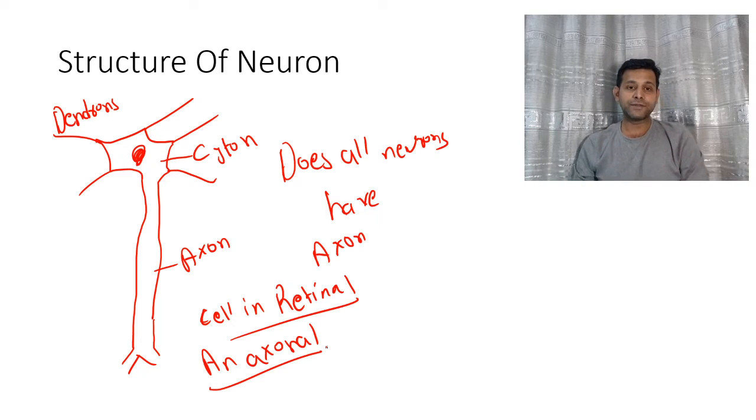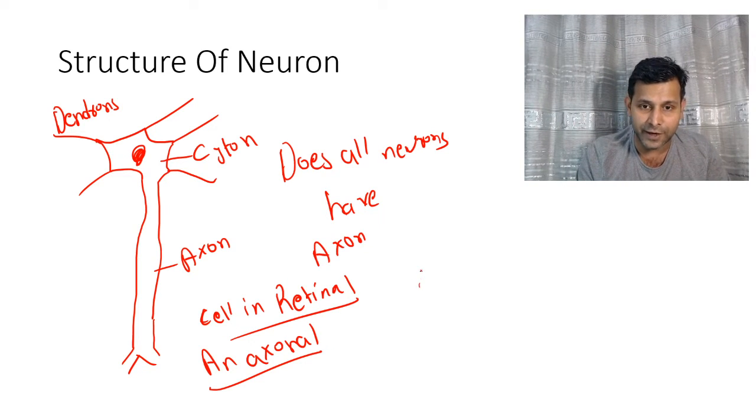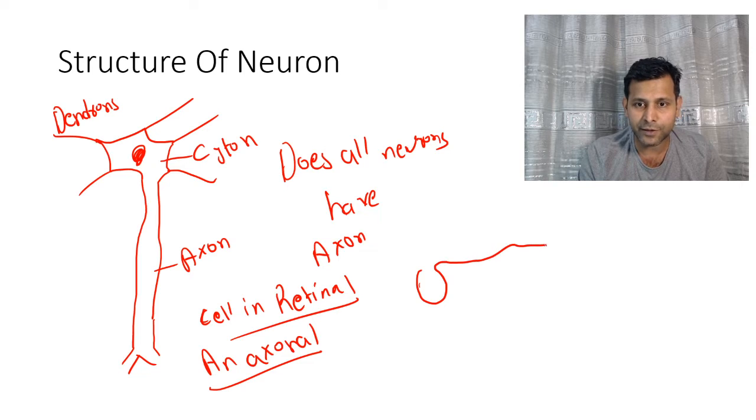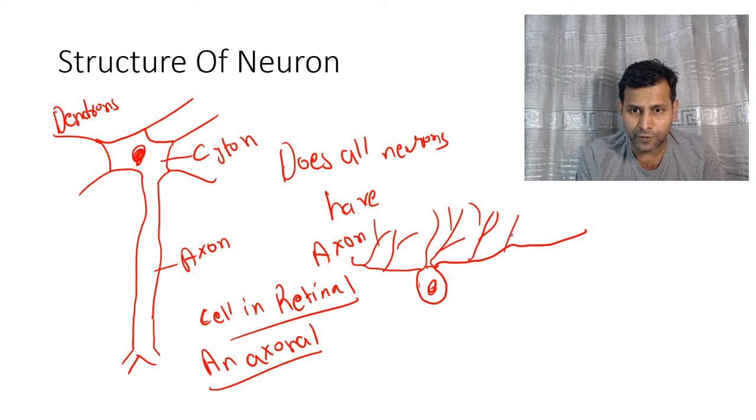The amacrine cells are anaxonal cells which only have a cyton and the corresponding dendrons, multi-branch dendrons. So they have connections with all the cells, but the axon remains absent in them. There is no axon here.